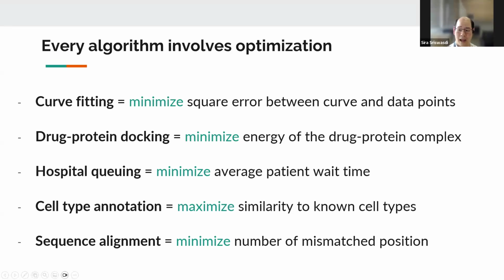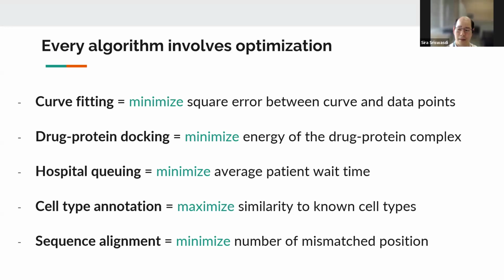This is called least square fitting. When we want something that's best, that means you are optimizing something. Like if we want to model drug-protein docking, how the drug binds to the protein, you want to minimize the energy of the drug-protein complex because that's where it's most stable.